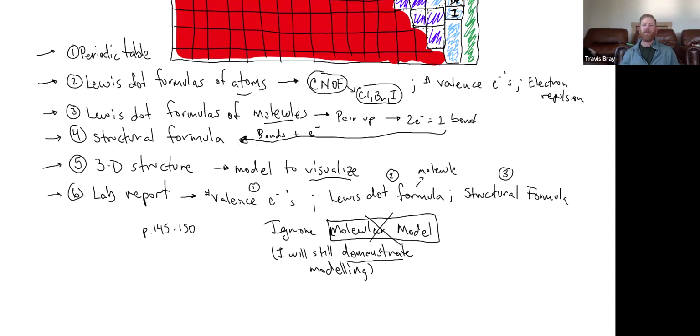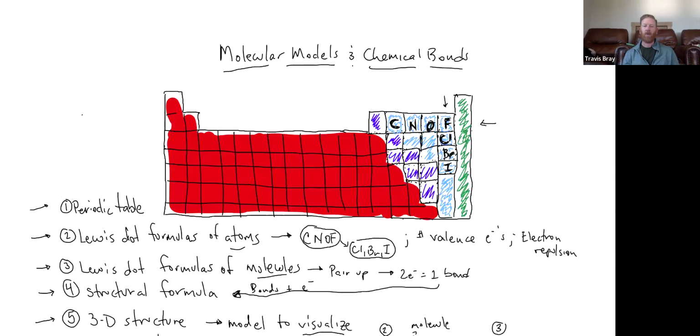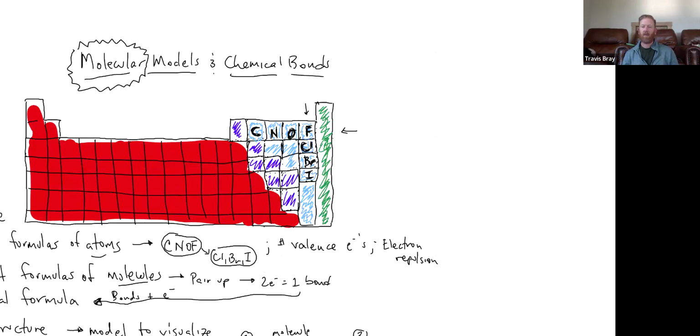Let's go back up here to the top. So when we're talking about molecules, remember that you have effectively learned two types of bonding. We talked about ionic bonding.